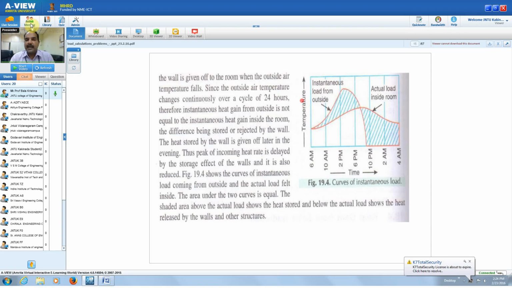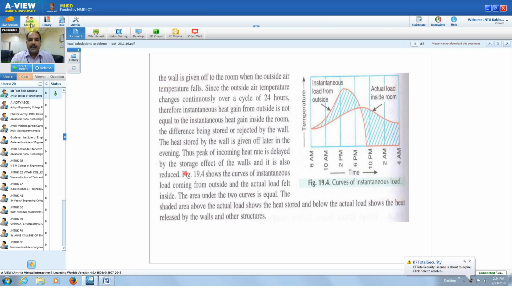The y-axis is the temperature, and the x-axis is the time in hours. This line is the instantaneous load from the outside, and this is the actual load inside the room. So you see the maximum temperature can be after 2 p.m., between 3 and 4 p.m. here.